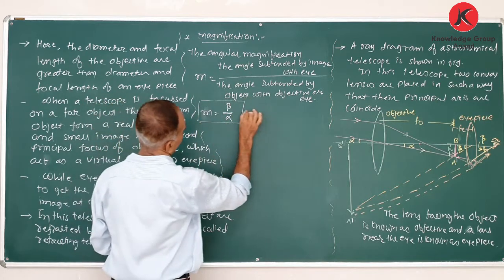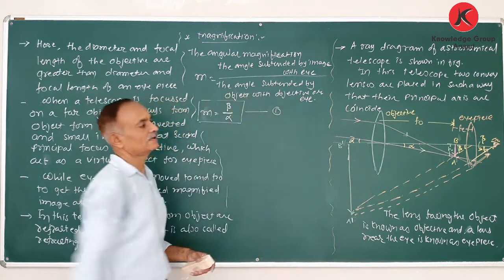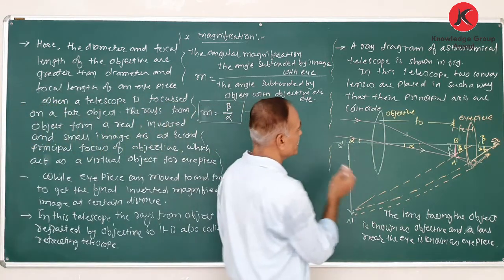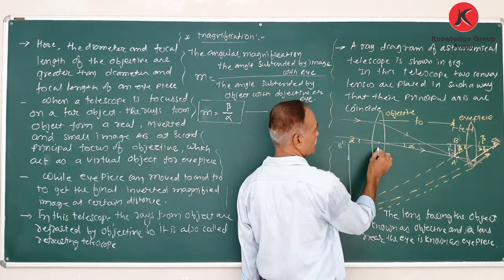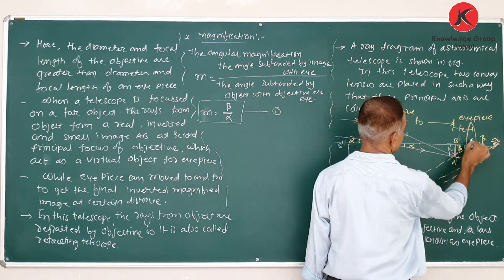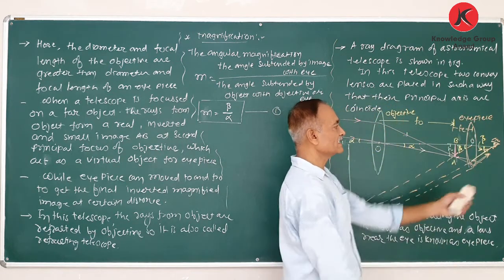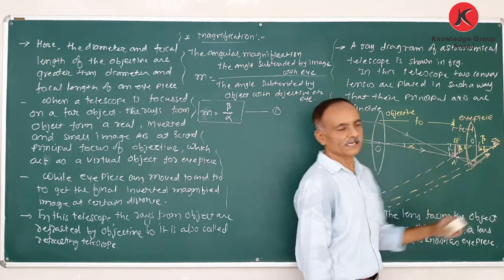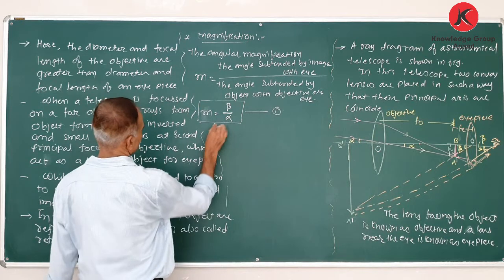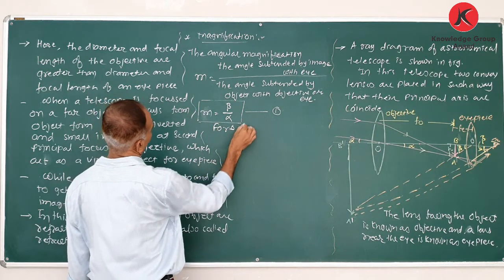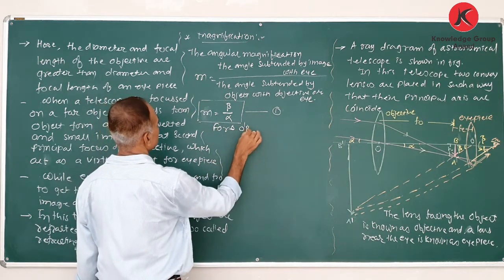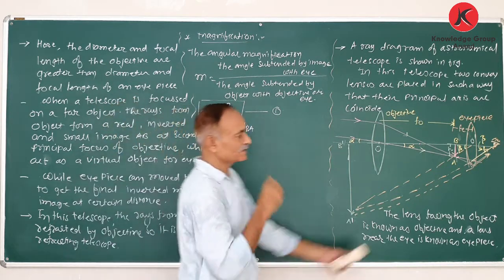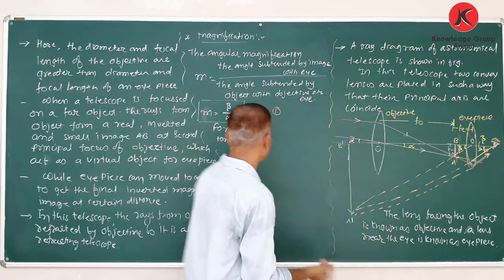Now we have to substitute the values of beta and alpha. So how do we substitute? Here we consider this point O, that is our O dash. In triangle O dash BA, tan beta is H upon Fe.